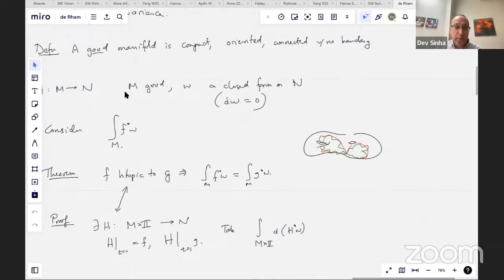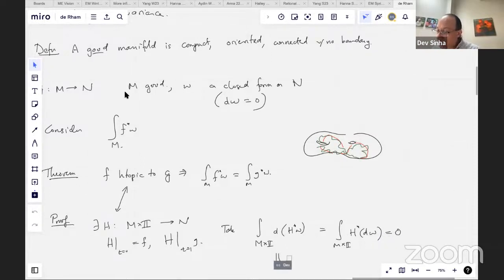So we can still pull back to now M cross I, integrated over M cross I. Well, some further functoriality says that this is going to be the pullback of d omega. That's another functoriality property: pullback commutes with exterior differential. But d omega was assumed to be 0.